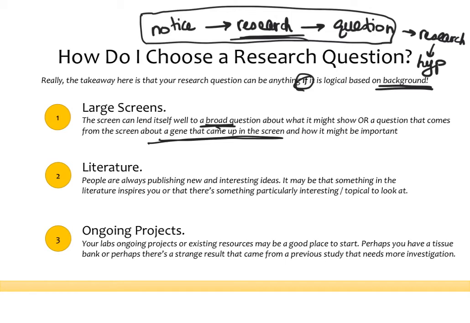And then finally, if you're in a lab, there may be ongoing projects that would be a good place to start. So perhaps there's a tissue bank that you have that you can easily ask a question about. Maybe there's a study where you got a strange result or an unexpected side finding that you want to investigate more. And so those are also good places to find research questions.